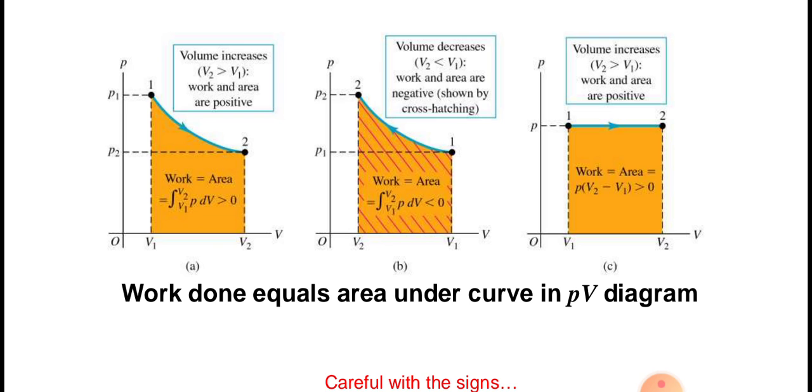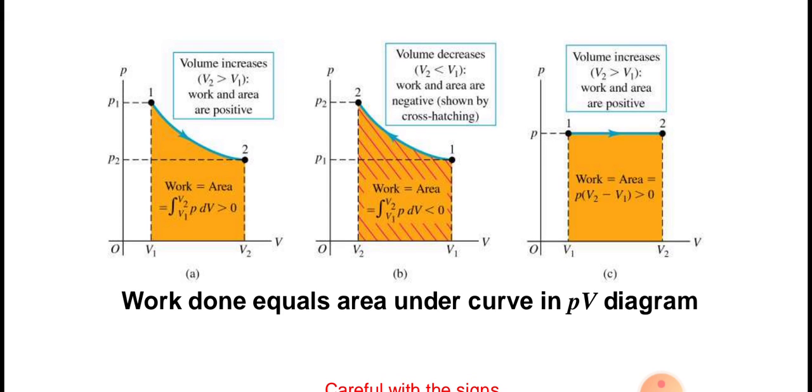At the first position P1 is higher and V1 is lower, and at the second position P2 is lower than P1 and V2 is more than V1. So the volume increases as the process passes from point 1 to point 2. So the work and the area are positive.